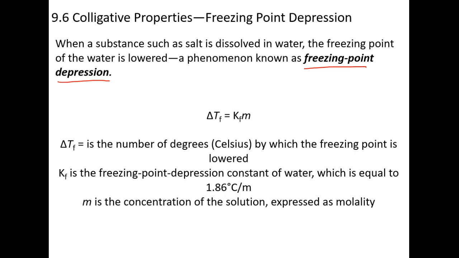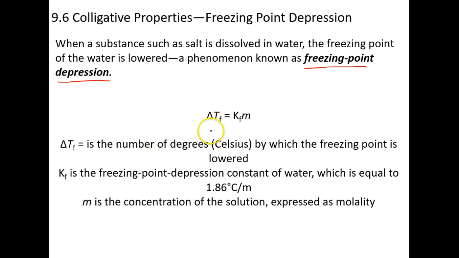So let's say you put mag chloride on the water, it now has to be, let's say, 20 degrees colder than the freezing point of water for it to freeze. So it has to be negative 20 degrees outside in order to freeze water. So that's kind of what this is all about.